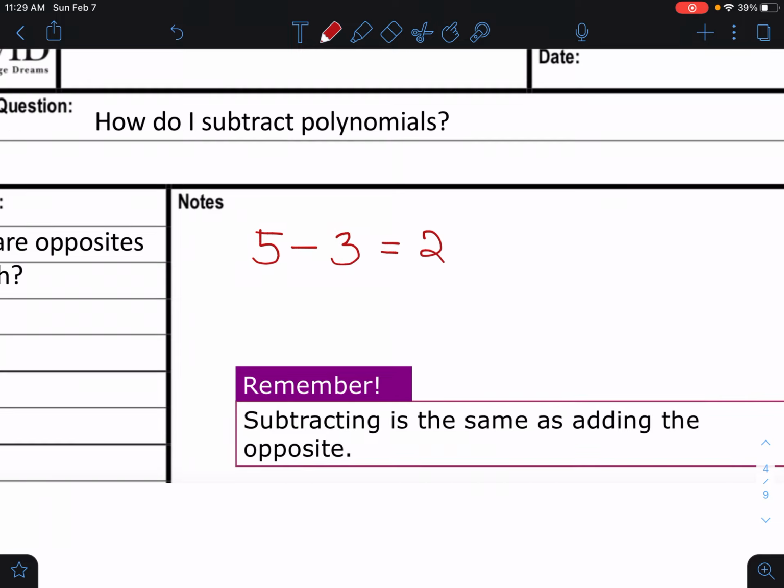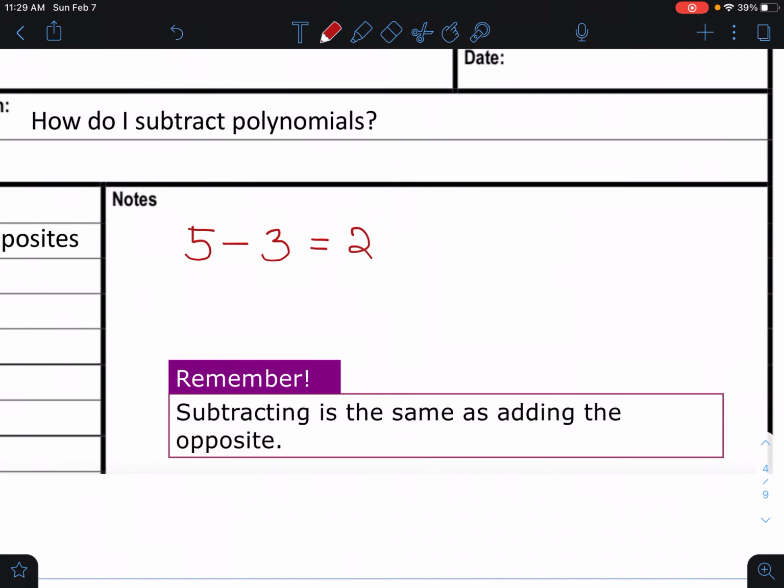Well, we can also rewrite this in a different way. We can rewrite it as 5 plus the opposite of 3, which would be -3. So these two statements mean the same thing. I will still get 2 here, okay? So 5 minus 3 is the same as 5 plus a -3, okay?